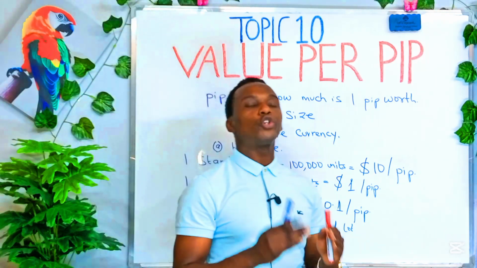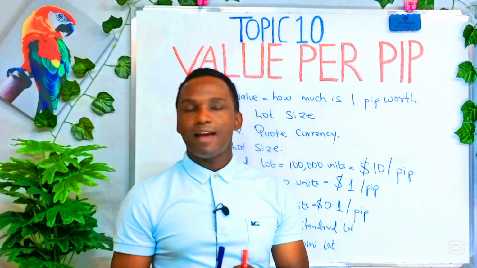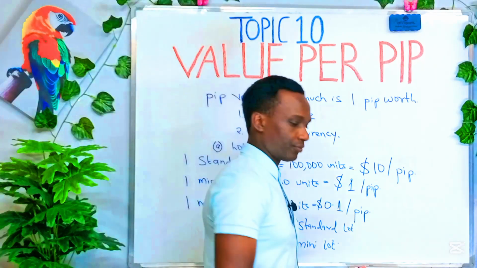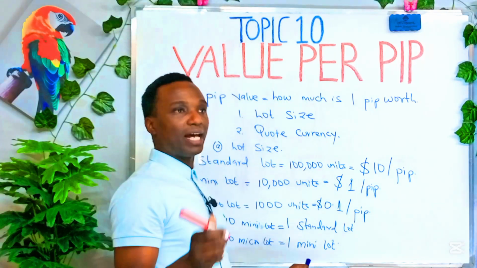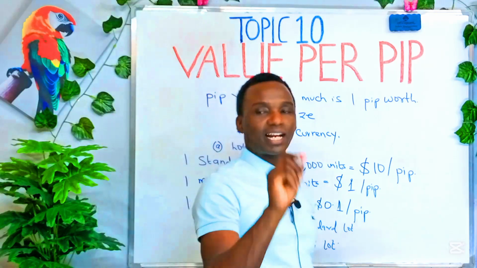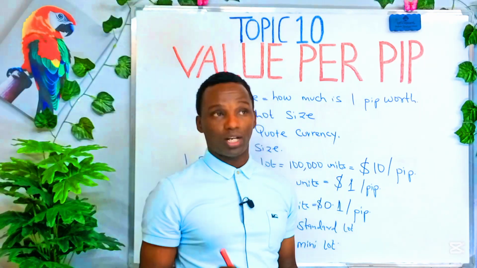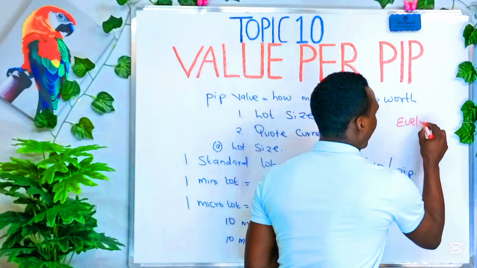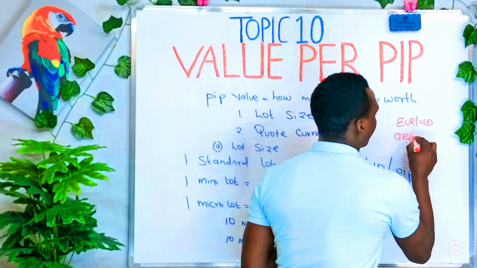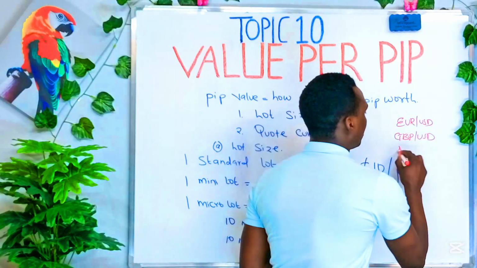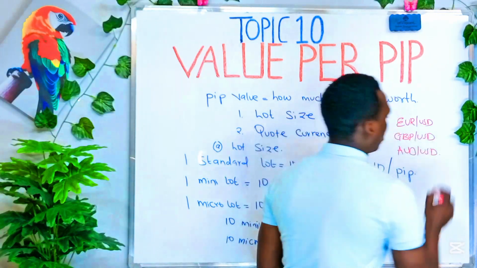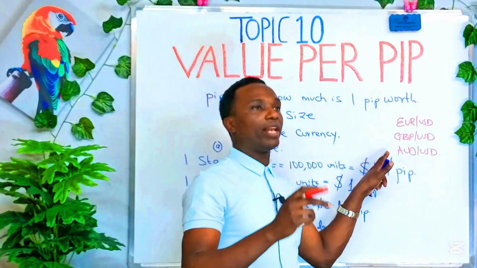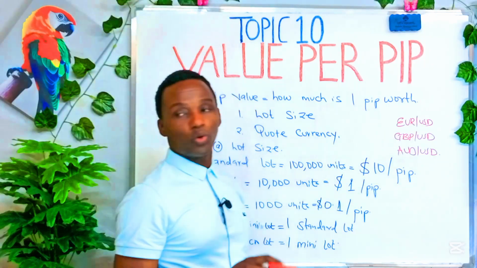Secondly, we are now going to learn how the quote currency affects the pip value. This one only applies if your quote currency is US dollars, for example when you are trading EUR/USD, GBP/USD, AUD/USD.